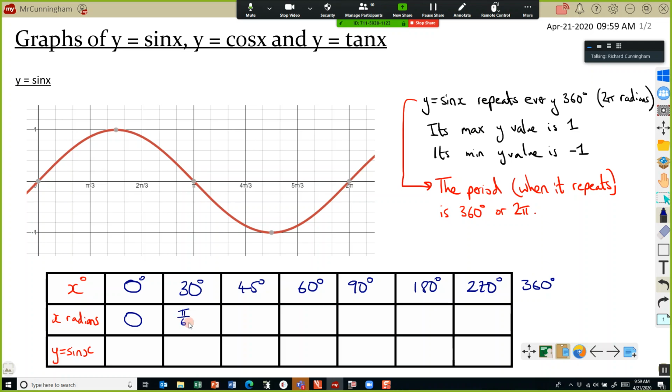Yeah, pi over 6. Good, because remember, pi is 180, and 180 divided by 6 is 30. 45 degrees is how many radians? Pi over 4. 60 degrees?